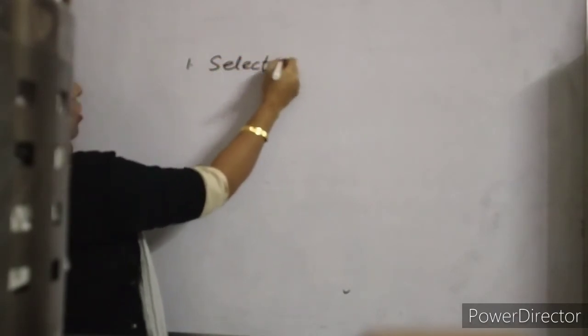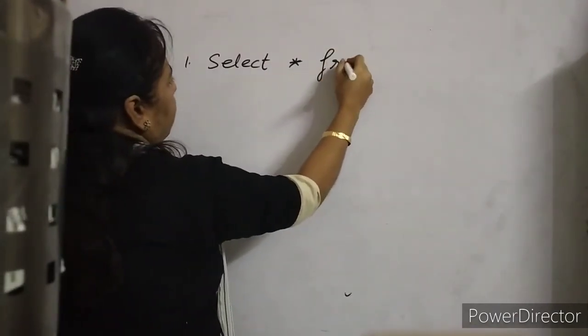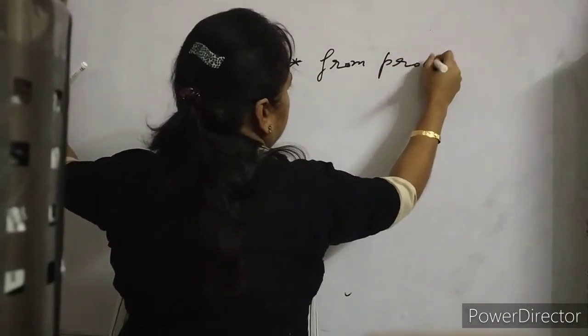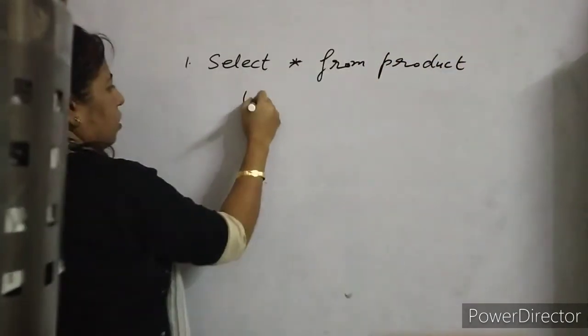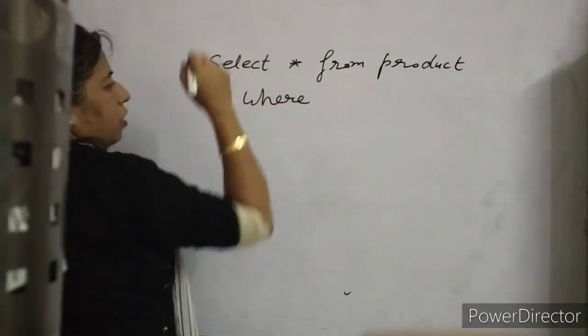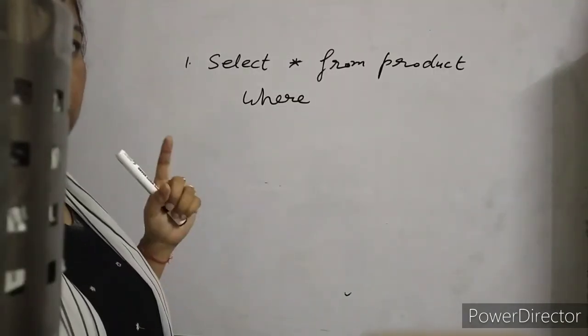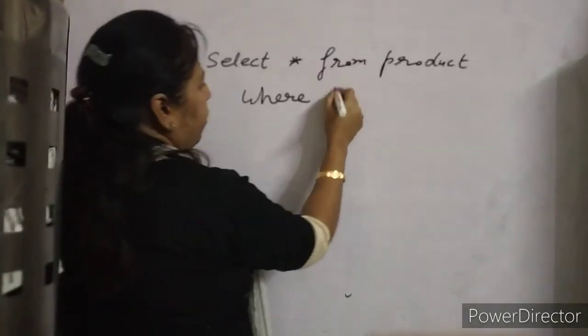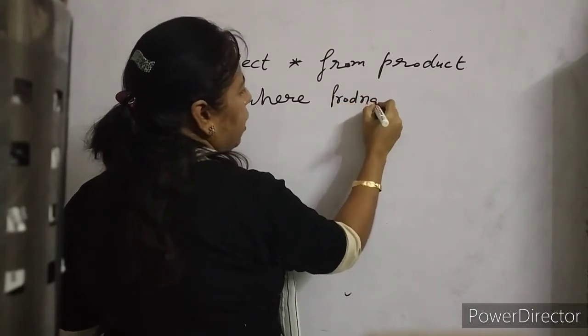Now I am writing here some examples. Select star from product where. I am telling you to display only the keyboard record. What will you write? Where product name, write the name of the column.